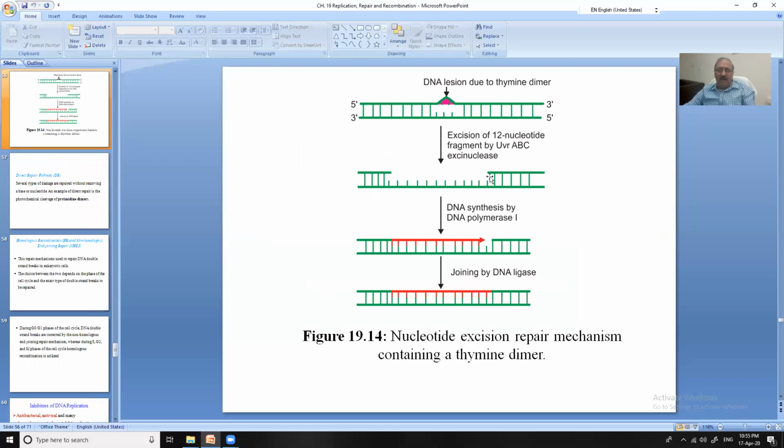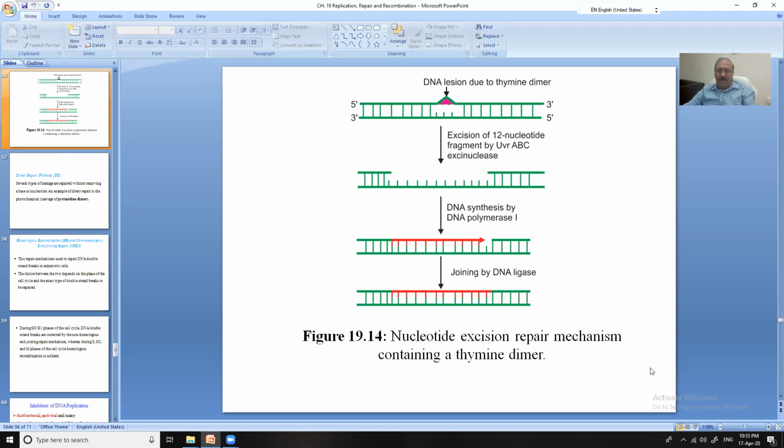Two cuts are made here by the excinuclease activity, and this dimer is removed. Then DNA synthesis by DNA polymerase fills the gap, and you will find a complete repaired DNA molecule.